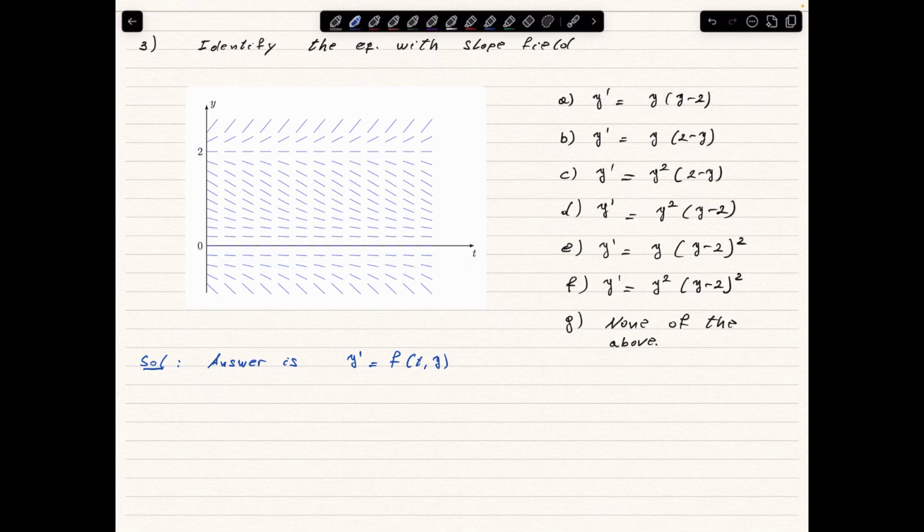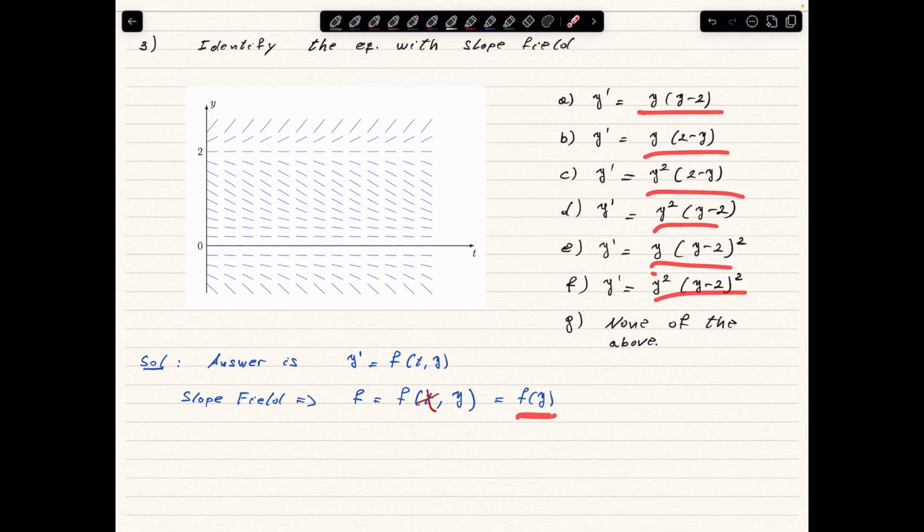That means the slope field implies that the function f, which we wrote as the most general function of t and y, actually does not depend on t. It's just a function of y, which is nice to know, but in this problem is not going to help much because all the options here don't depend on time.